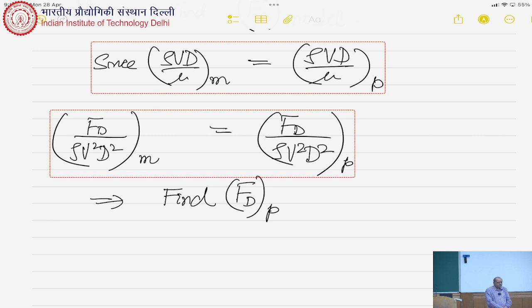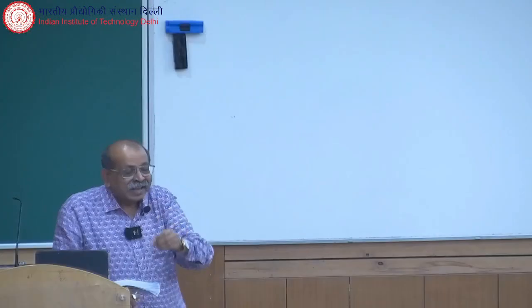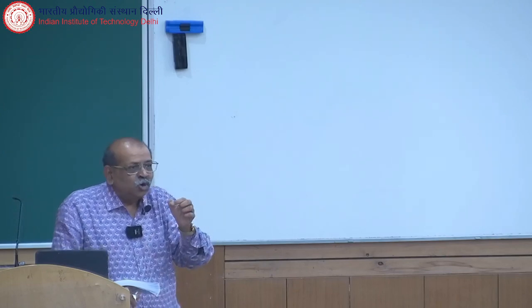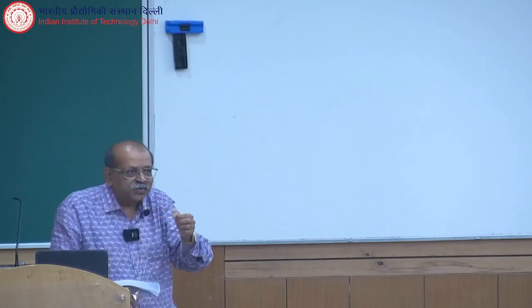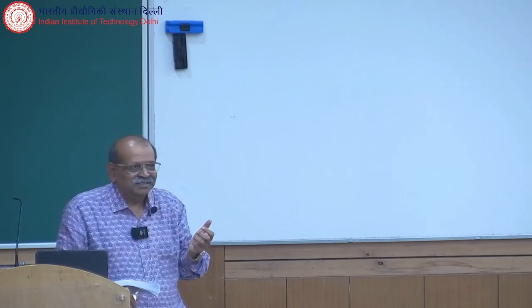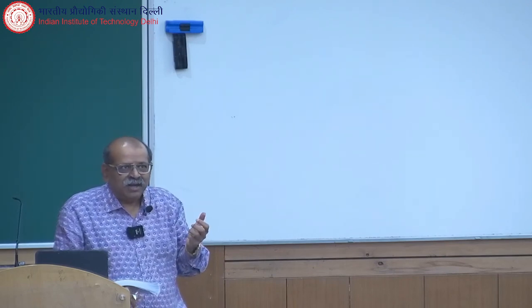Okay? Is this clear? Looks like a very simple thing. But actually this very simple thing can help us solve very complex problems. Of course, you will have to do that experiment. But the experiment is much easier to do on a 1 centimeter sphere in air than to do on a 1 millimeter sphere in blood. Okay?